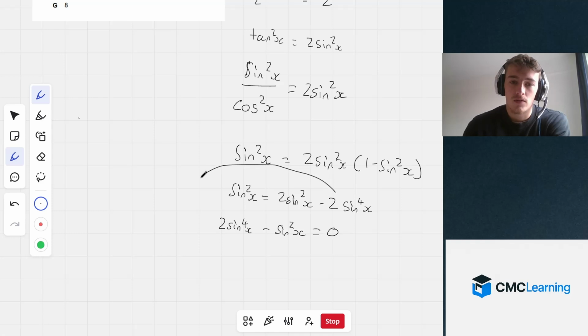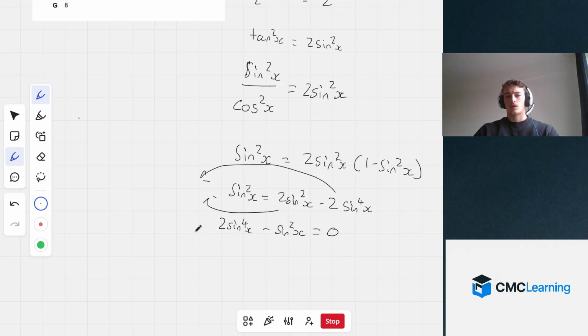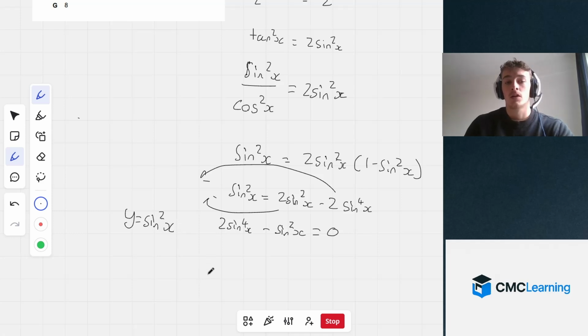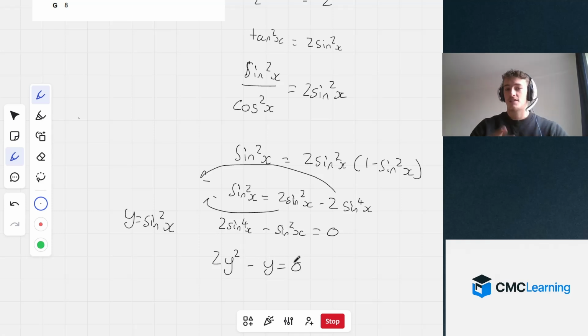I just moved everything to this side. Now we're going to do a little trick where we do a substitution. We're going to let y equal sine squared x. And so now this equation turns into 2y squared minus y equals 0. And this is now a lot easier to solve.